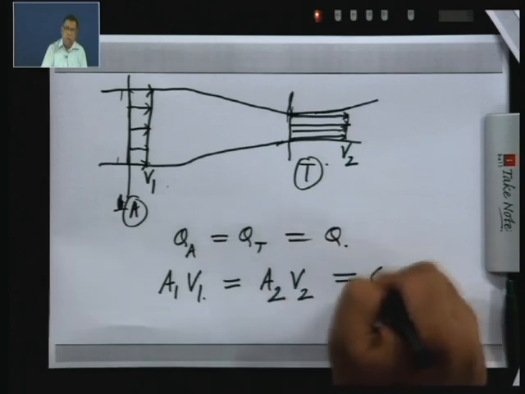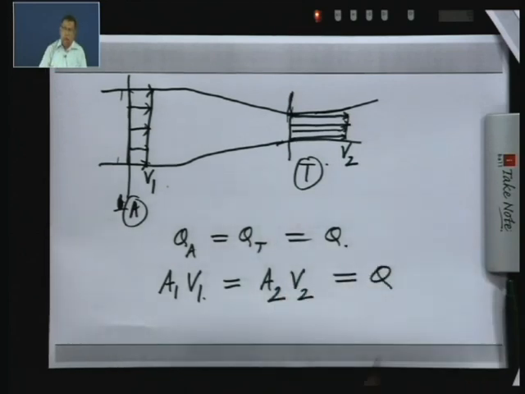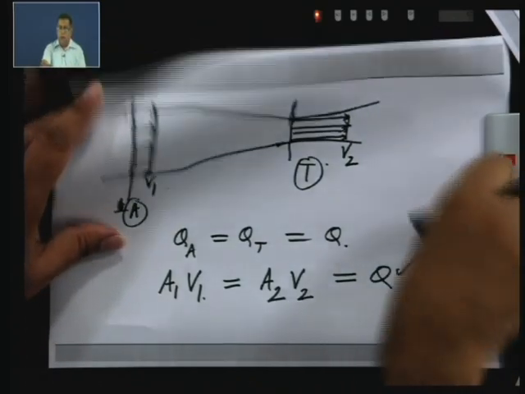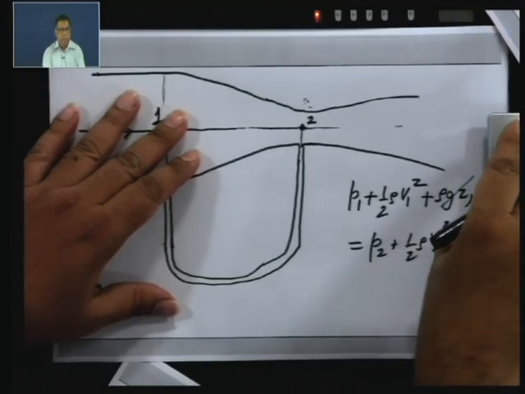So, this will be equal to Q. This is what you want to find using this device. If you know either V 1 or V 2, you can find Q, because A 1 and A 2 will be known.